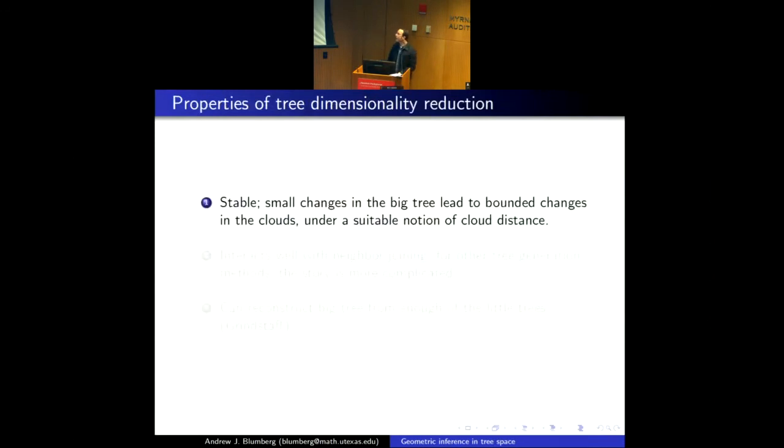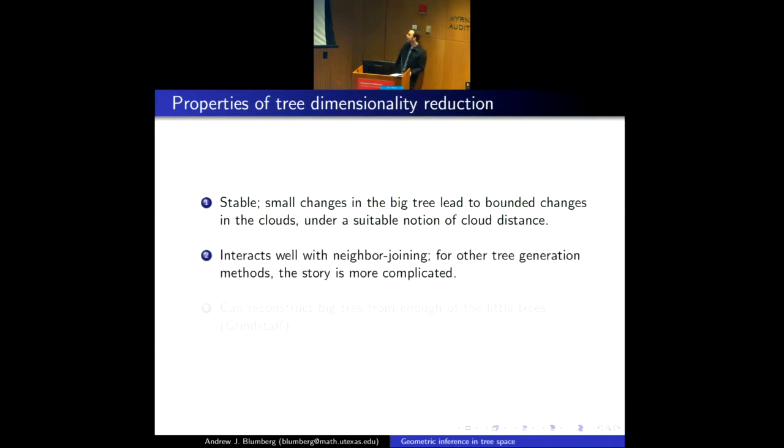So what you can prove about this, and I'm going to avoid stating theorems, but just tell you what they say, is that this is a stable procedure. If you perturb the large tree a little bit, in a suitable sense, you perturb the forest of little trees you get by a controllable amount. You might also wonder how this interacts with the ways one produces these trees in the first place, and this interacts very nicely with neighbor joining, which is a standard metric tree construction method.